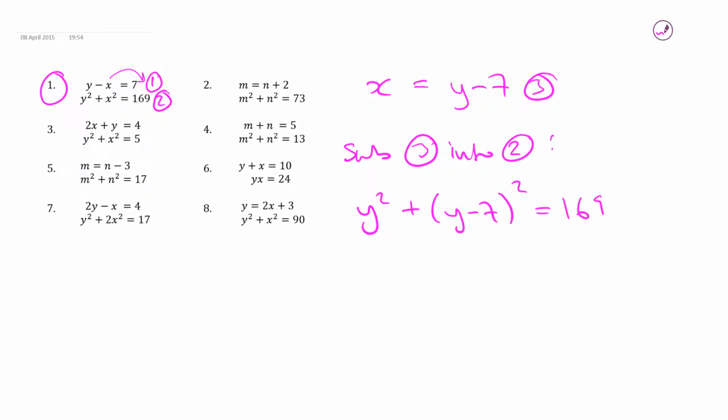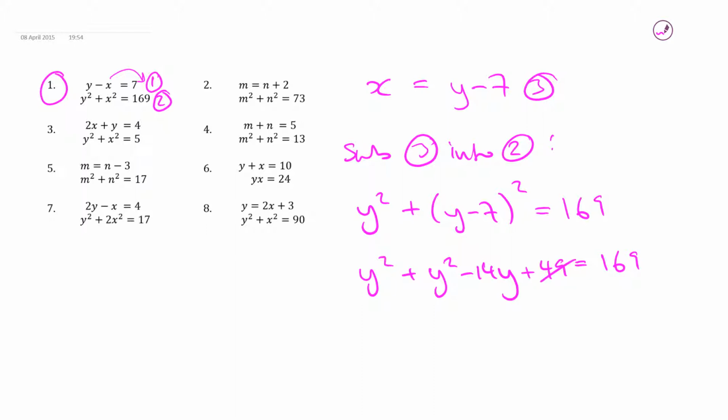And then you multiply that bracket out. So it's y squared minus 14y plus 49 equals 169.